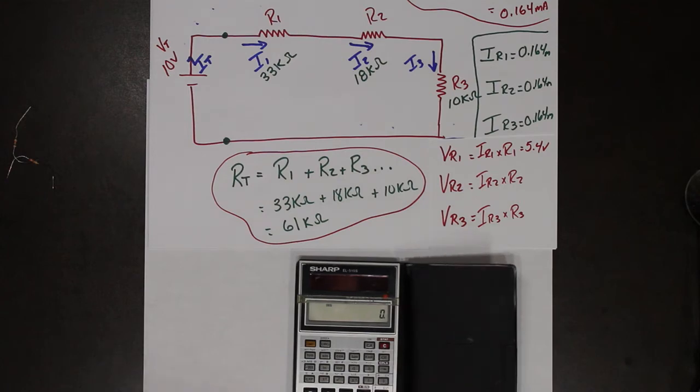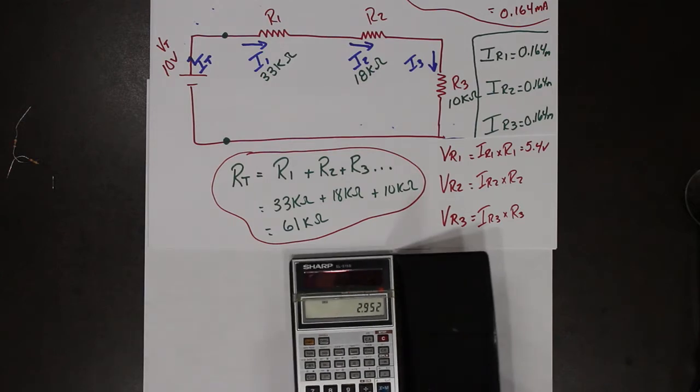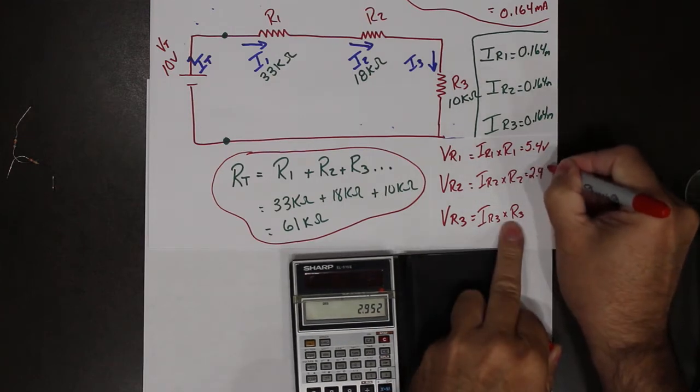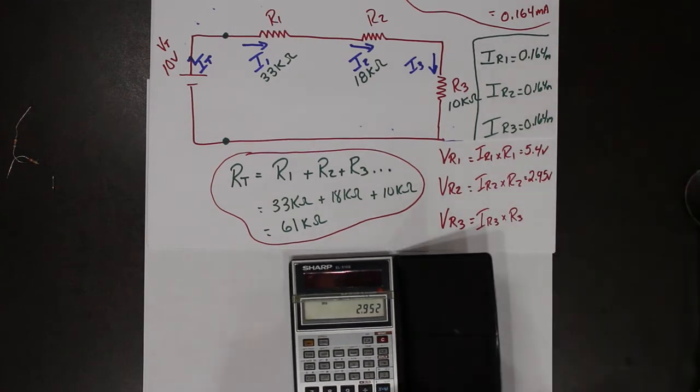Then 0.164 times 10 to the minus 3 times 18K, 2.95 volts.